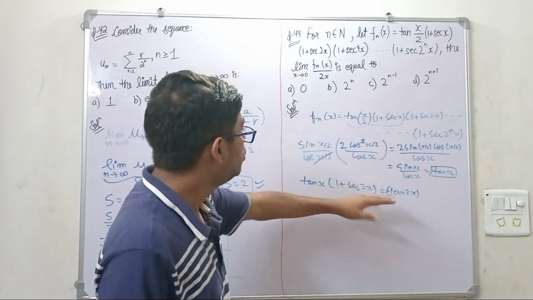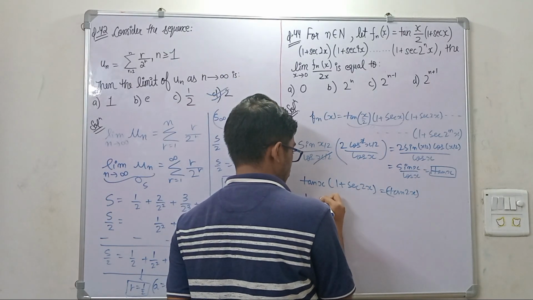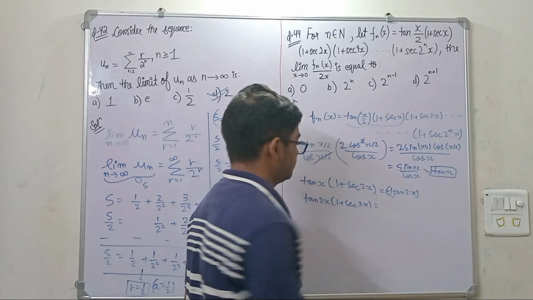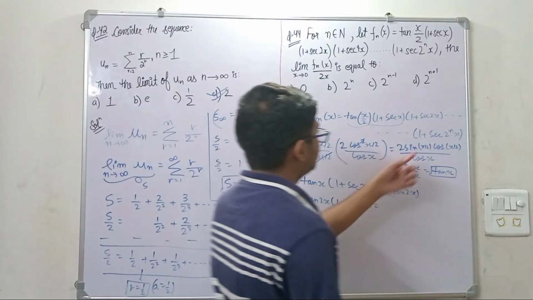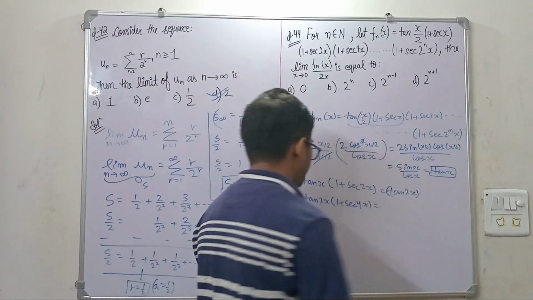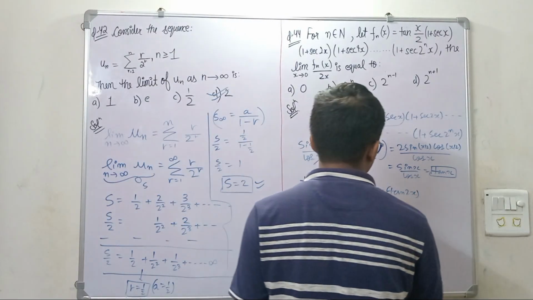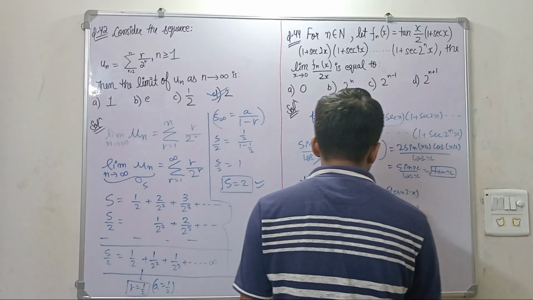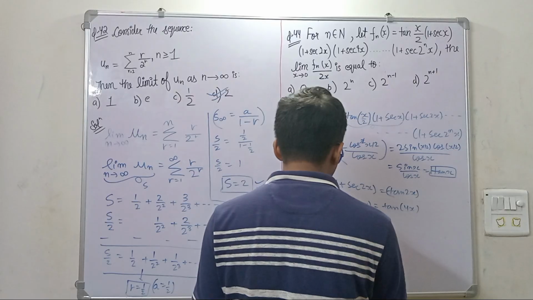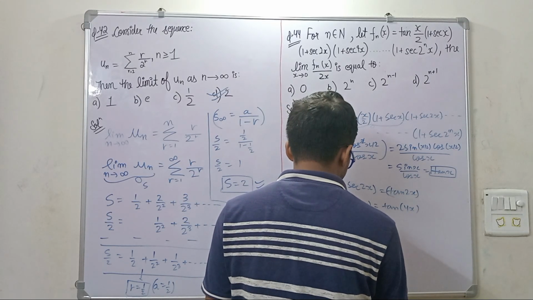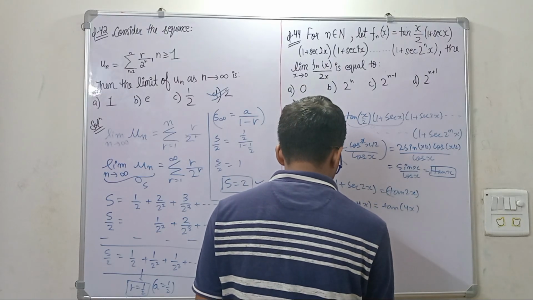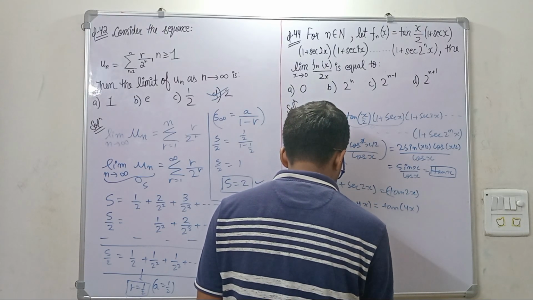Okay, now you will take tan 2x and 1 plus sec 4x. Sorry, 2 to the power n is there, so it will be 4x. Then this will be tan 4x, and this will go on till tan, and 1 plus sec 2 to the power n x, and here you can see it is 2 to the power n minus 1 x.